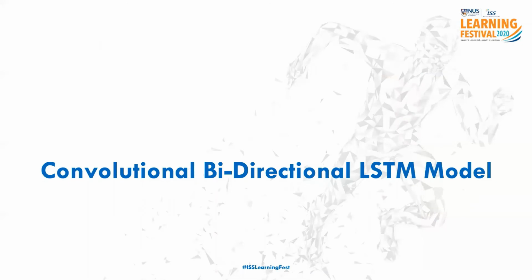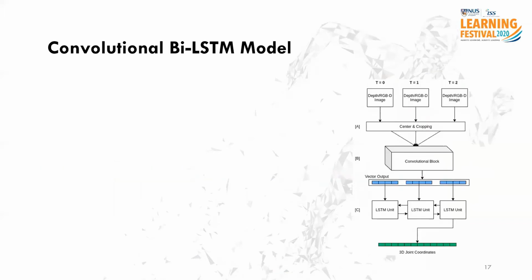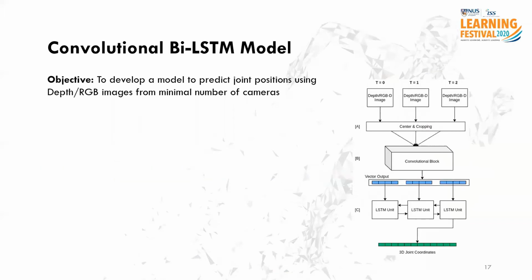So now that you have seen the triangulation tool that has been developed, I will now share on the convolutional bidirectional LSTM model that has been developed for our use case. Earlier on, I shared how the 3D hand joint triangulation tool can be used to collect and annotate hand image datasets, and also how it can be used to estimate the joint positions in a real-time setting.